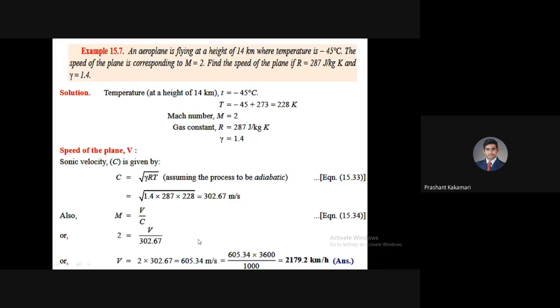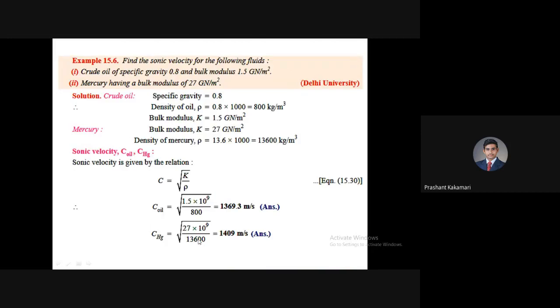The density of mercury is not given in the problem, but you have to remember it directly: 13,600, because you have used it in all the labs. Substituting, the sonic velocity in mercury is around 1409 meter per second.